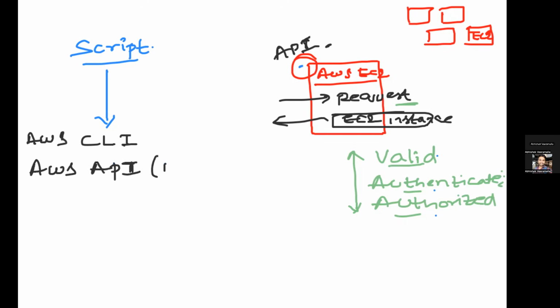And there are some modules, like if you are talking about Python, Python supports Boto3. Using the Boto3 module in Python, you can directly make a request to the AWS API. Now, you don't have to be familiar with this at this point of time. Even if you don't know Python or Java or any programming language, you can still use AWS CLI to automate the process.